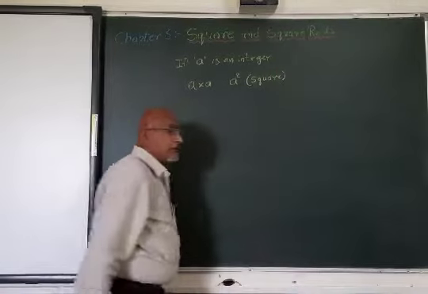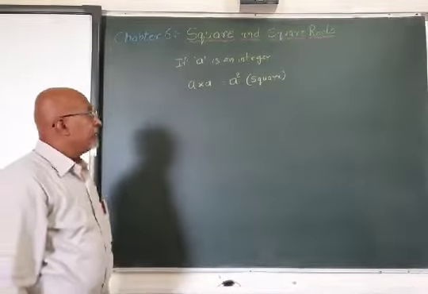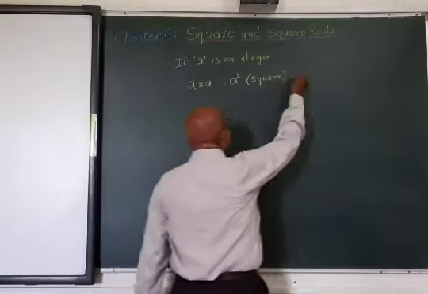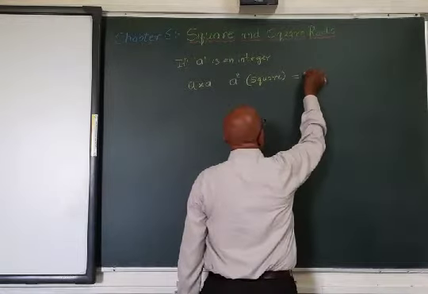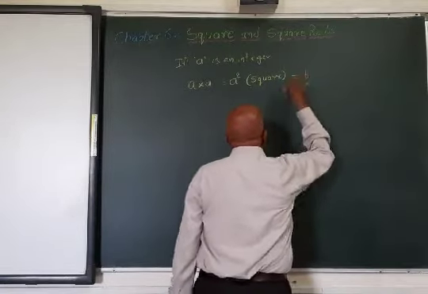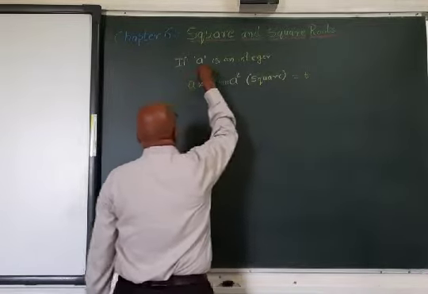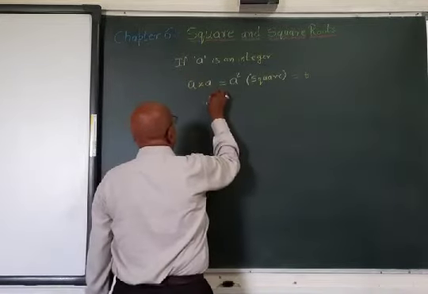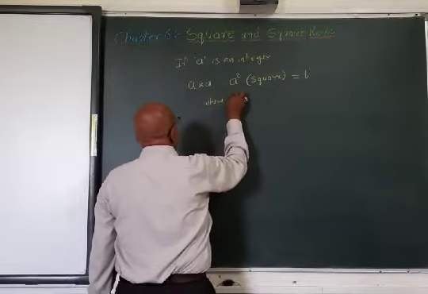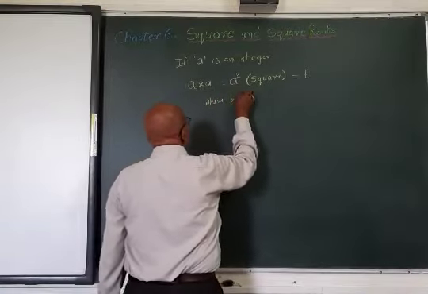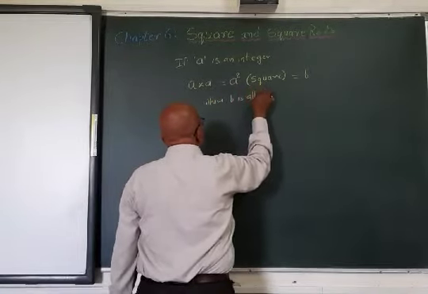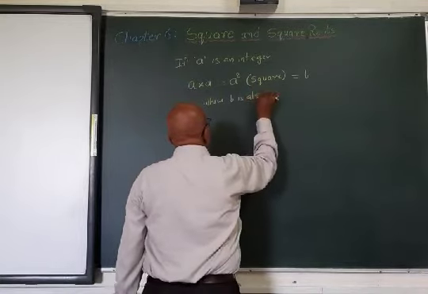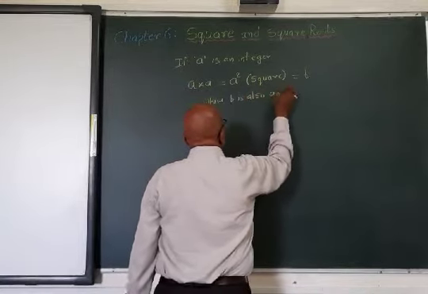This is called a square figure. We can say that this is nothing but some other integer b, where b is also an integer.